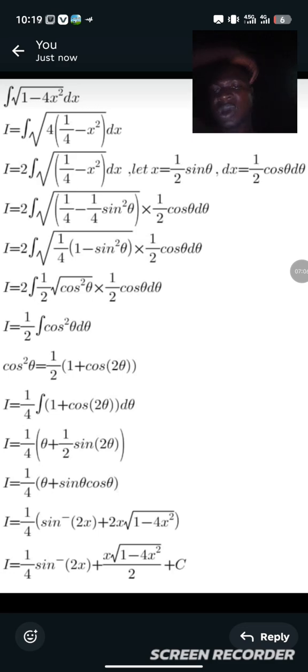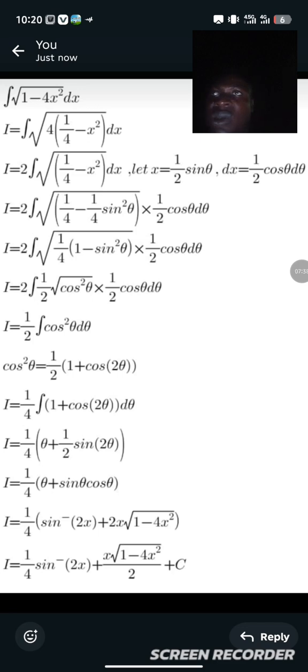Then we can come to the conclusion that I, which is 1 over 4 into theta plus sine theta cos theta, will be the same thing as I equals 1 over 4 into sine inverse of 2x plus 2x, because sine theta is 2x, times root 1 minus 4x squared.